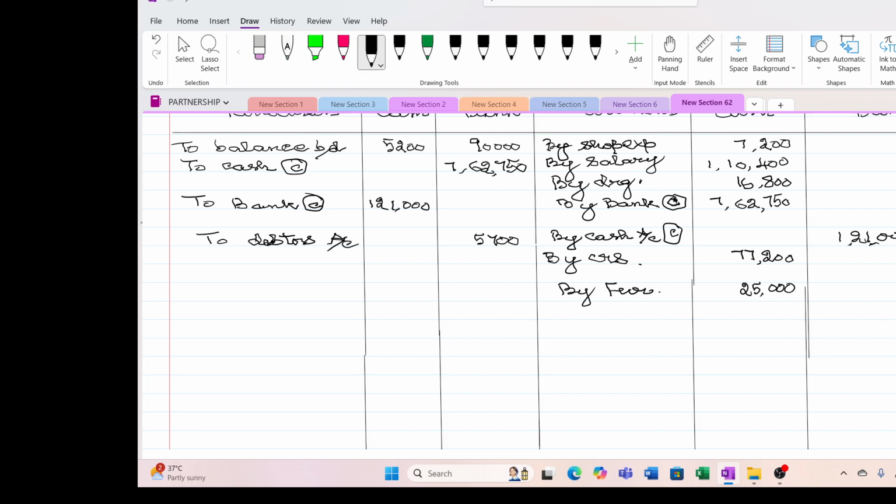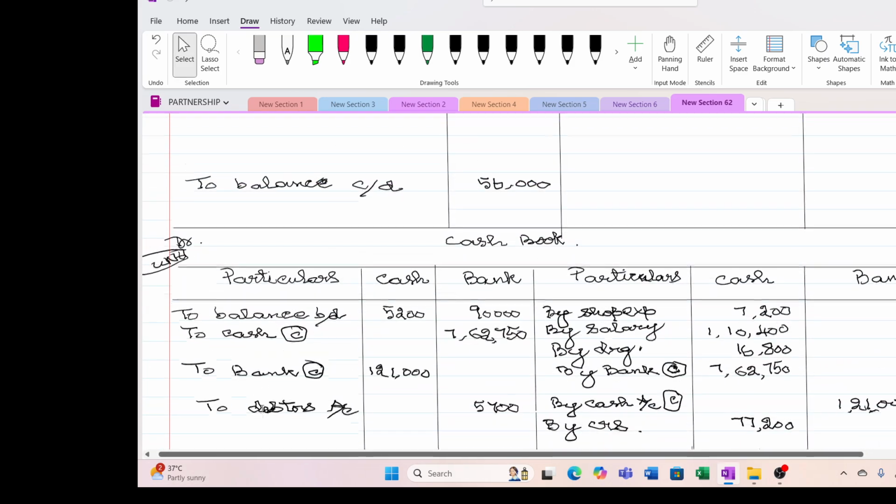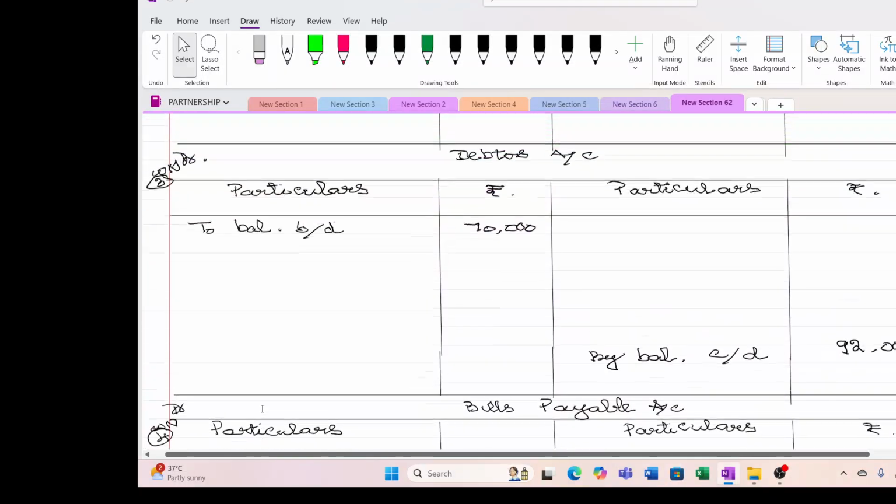But this check got dishonored. So we have to write it on both the sides. You can't avoid it. So the effect is nil, but still you have to write it by debtors account. The check got dishonored, 5,700. Okay, so we have written it in the bank column, and this has to be recorded in your debtors account also.